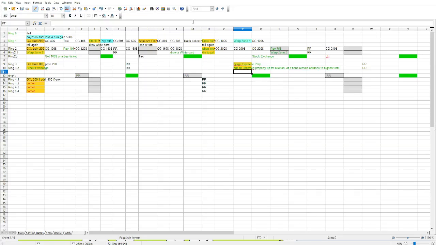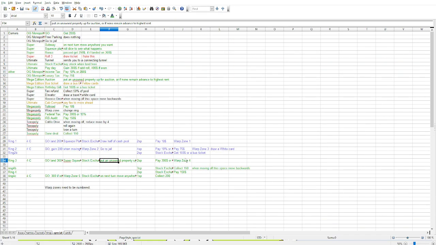Okay, then. Now, where am I going to put the special spaces? Because, yeah, those exist. Now, for ring 3, I actually ended up with only 2 special spaces. I'm not sure how that happened, but it did.